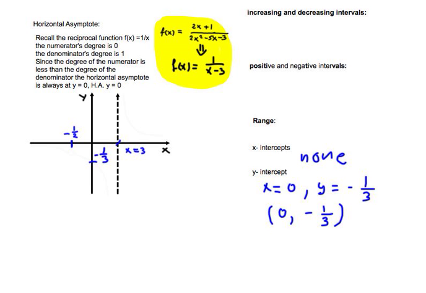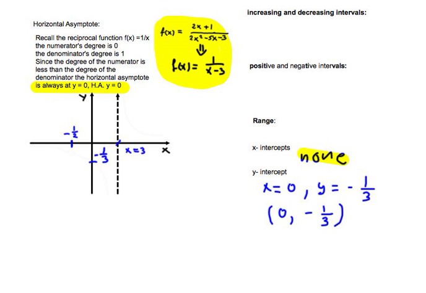Always remember the following rule. If the top degree is less than the bottom, there is only one horizontal asymptote, when y is equal to 0. So this is explained in this little paragraph here, and our asymptote is expected to be at that position here. X-intercept. So there's no x-intercept.